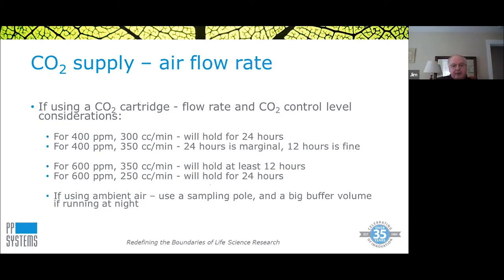Especially if you're trying to get gas exchange rates at night, even with a sampling pole, you're going to need a big buffer volume to dampen out CO2 fluctuations, because at least in my field situations, the CO2 concentration at night just depends on puffs of wind coming through, and it can change very drastically in a short amount of time. So you're going to need a bigger buffer volume than you're used to needing if you're trying to do this at night.